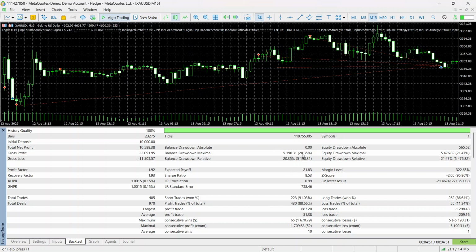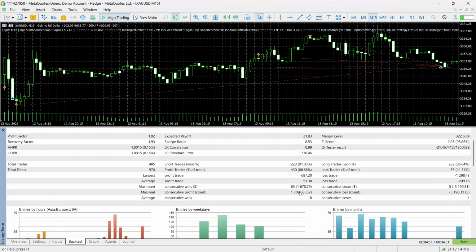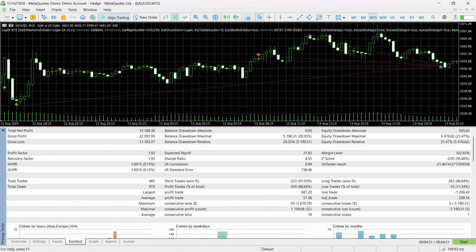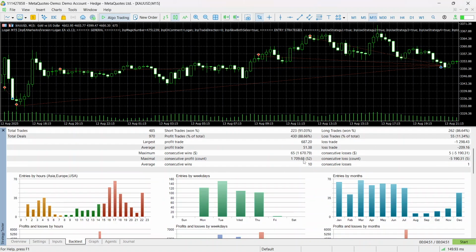But our balance drawdown came in at around 20%, which is significantly higher than what they showed, and equity drawdown came in around 21%. Now we can see it made significantly larger and average losses compared to the largest and average profits respectively. But overall, it still made some consecutive wins and so on.